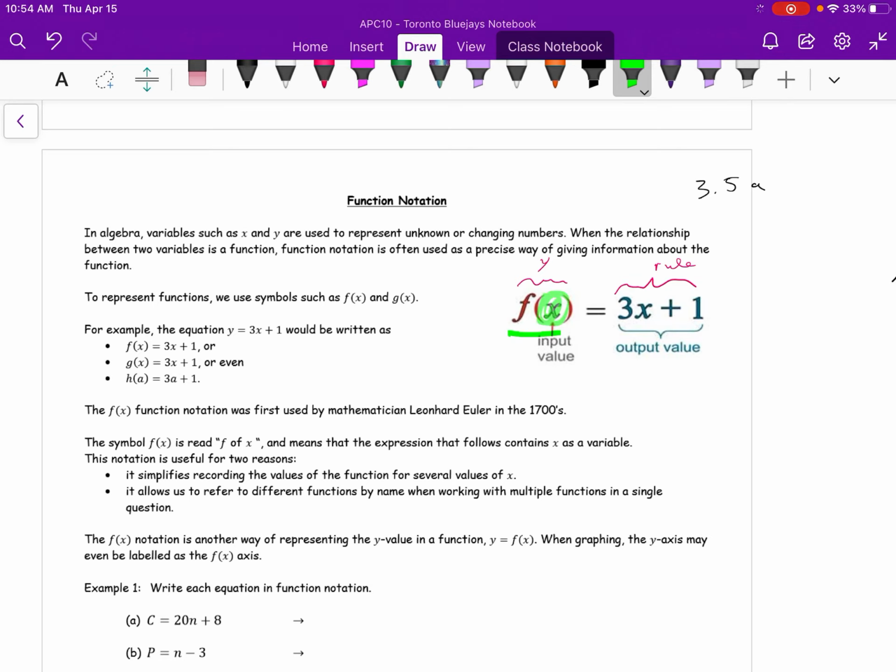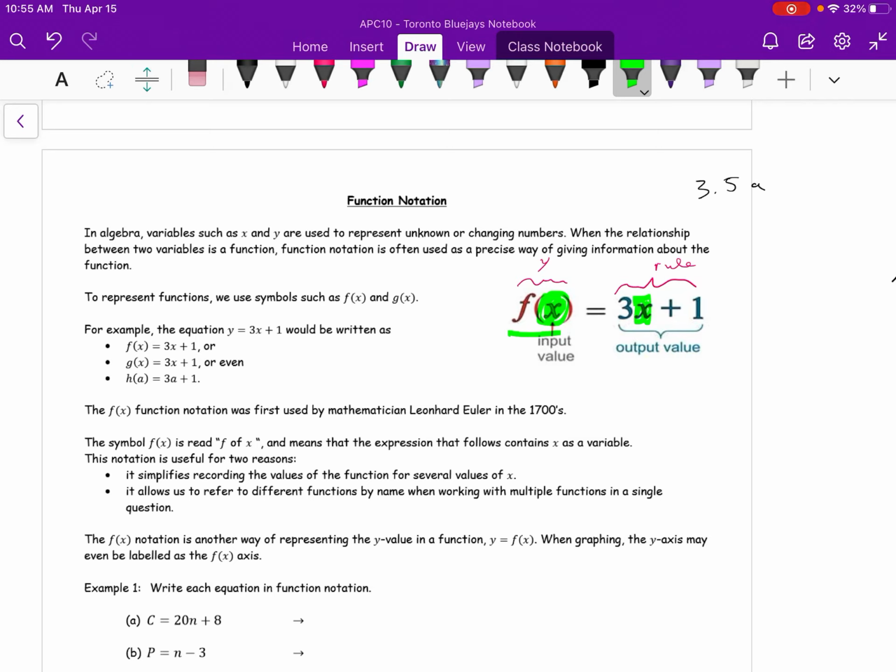X is in the brackets because whatever variable is in the brackets, this input variable, will have to appear in the rule. So if I see f of x, I know f means function, and of x means the input of my function is x. So my independent variable is x.